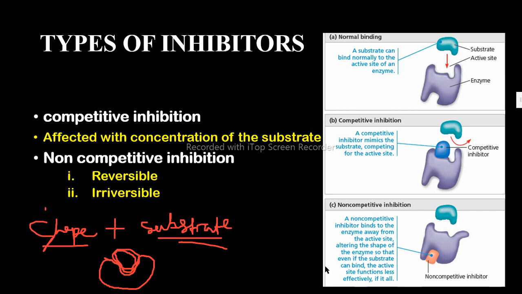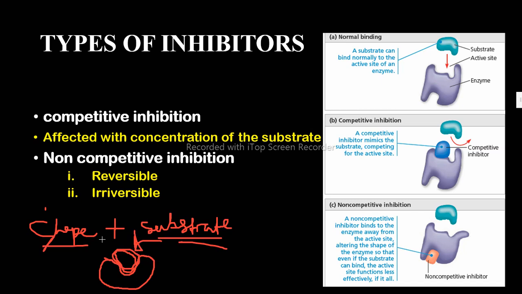Okay? Now, the difference is if the substrate molecule attaches, then the substrate molecule is going to be strained and broken down to form the products. But if the inhibitor binds to the active site of the enzyme, then there is no way how you're going to dissociate the inhibitor molecule to form the products. So it will remain bound onto the active site of the enzyme.